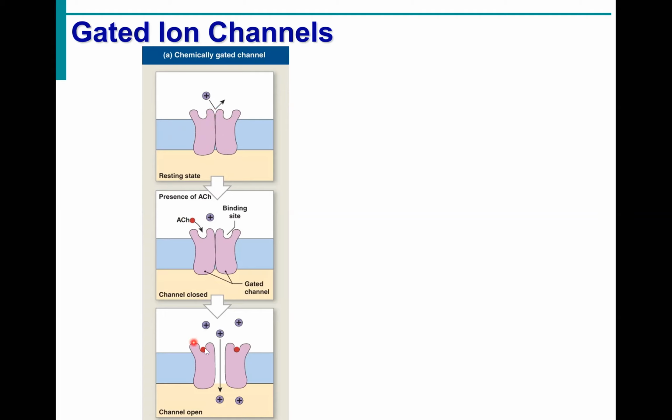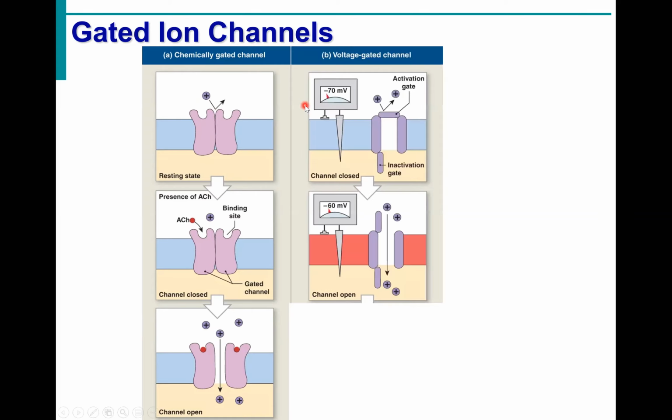When acetylcholine binds to it, it opens, and once it opens, ions can freely flow through. And those are our chemically gated channels. All right. Remember, we also talked about voltage-gated channels, like our calcium channel. Remember, at resting, negative 70 millivolts, it is closed.